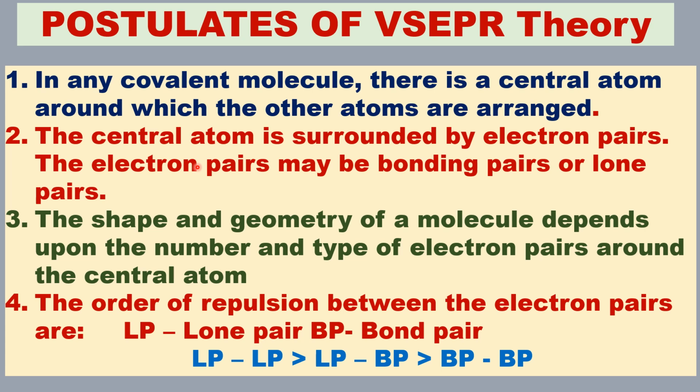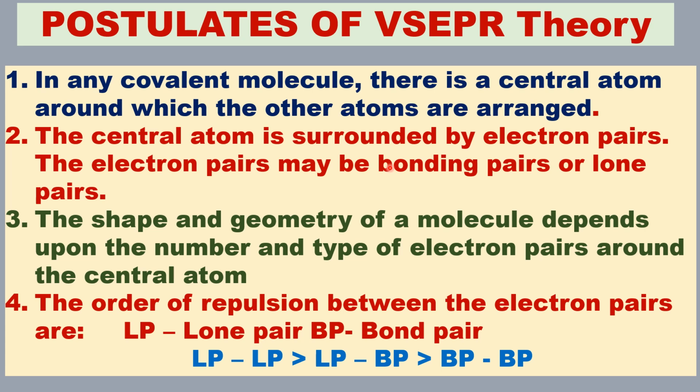There are two types of electron pairs: bond pairs and lone pairs. For example, in the water molecule H2O, there are two bond pairs and two lone pairs. Bond pairs are involved in bonding, that is, sharing of an electron pair between two atoms.